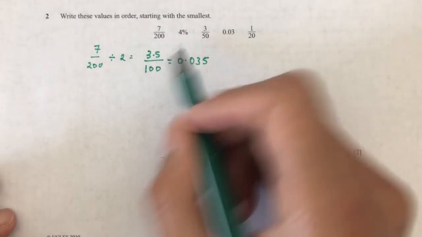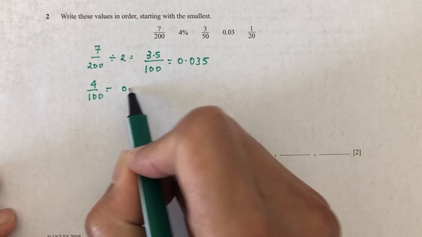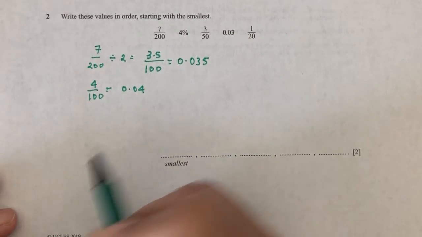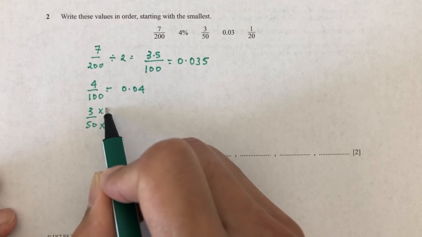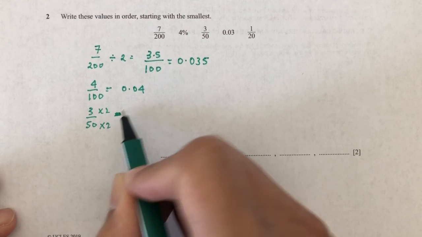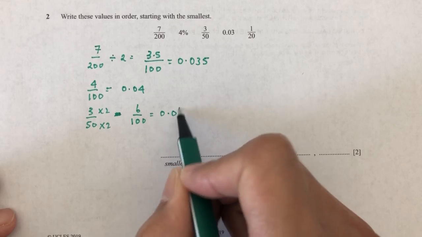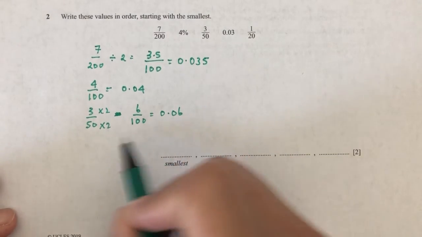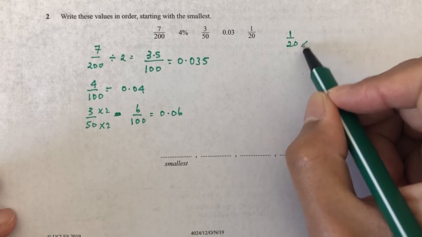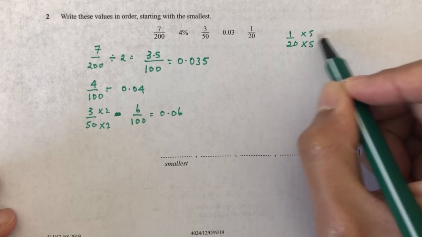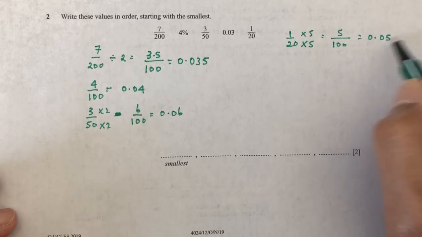Okay, how about 4%? 4% is 4 over 100, which is equal to 0.04. 3 over 50 times 2 times 2, we will have 6 over 100. That will be 0.06. And this one is the same, 0.03, and this one, 1 over 20, we need to multiply by 5. Multiply by 5 will be 5 over 100, which is 0.05.